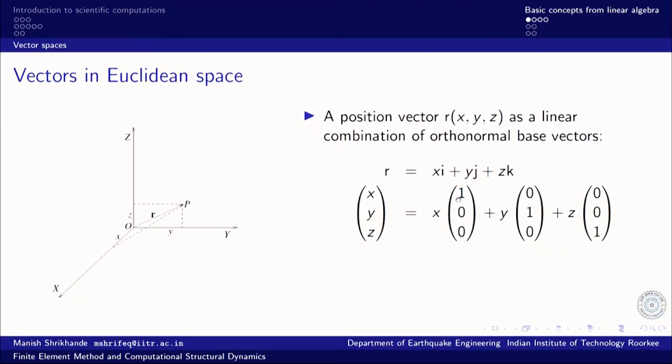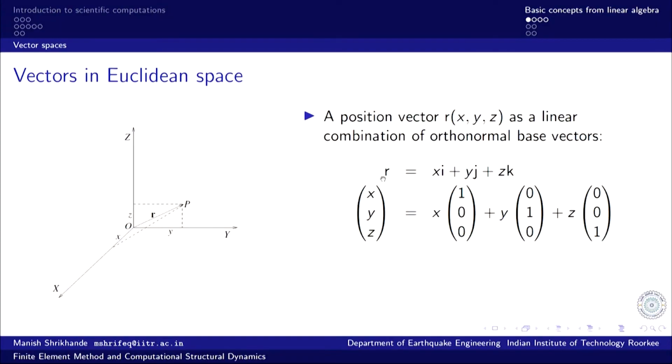The triad of coordinates x, y, z can be represented as x multiplied by unit vector i, that is 1 0 0, where 1 is the component along x direction, 0 along y direction, and 0 along z direction, plus y times 0 1 0, that is the unit vector j, plus z times 0 0 1, that is unit vector k.